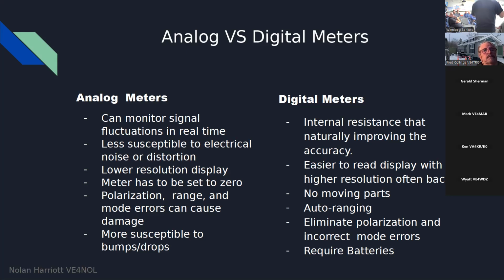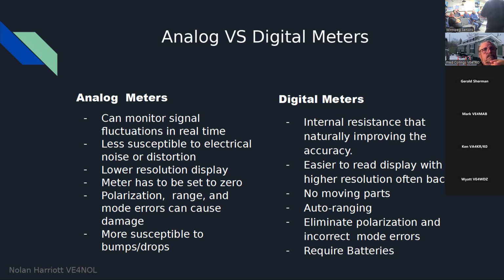Same thing with reading current, where your ammeter is going to have a much lower resistance, so it's not going to affect your circuit as much. So it's going to give you much more accuracy. Obviously, they have easier to read displays with a higher resolution, meaning they can give you a lot more digits, so you can get a more accurate reading. There are no moving parts. They're auto ranging, so you usually don't have to set what scale you're measuring on. The software does it for you, and it eliminates polarity and incorrect mode errors.